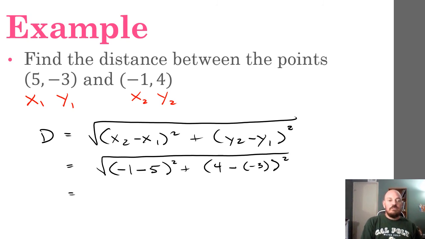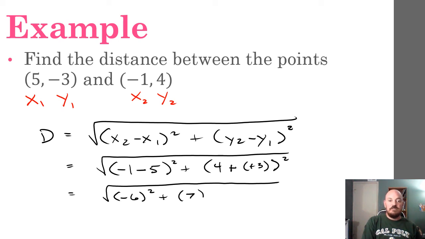Now remember your order of operations, those two sets of parentheses have to come first. Negative 1 minus 5 is negative 6, we'll leave the squared for now. Minus a negative 3 is going to turn into plus a positive, so you get 4 plus 3, which is 7.